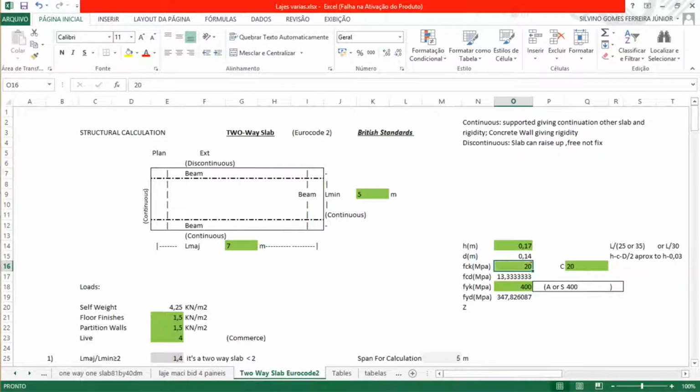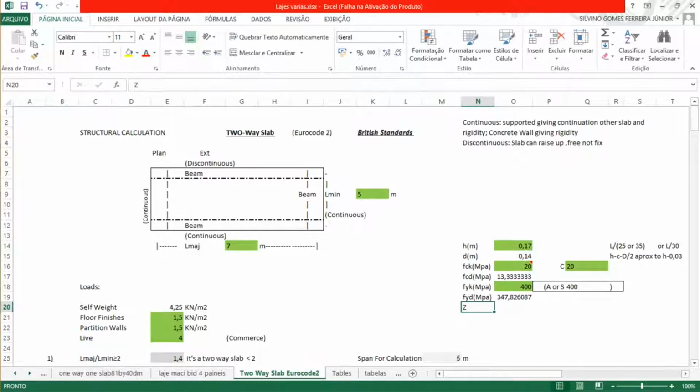The fcd I divide by a safety factor of 1.5, so 20 divided by 1.5. The fyk for steel, I use S400, so it means 400 megapascal. For the fyd of calculation, I divide by a safety factor of 1.15. The lever arm will be calculated later.